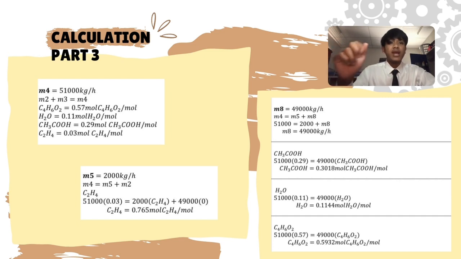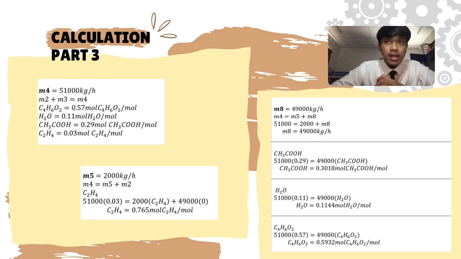The first one is acetic acid: 51,000 times 0.29 equals 49,000 times the acetic acid fraction in M8, so acetic acid in M8 is 0.3018. Next, we will calculate the water in M8. We have water in M4, which is 0.11.